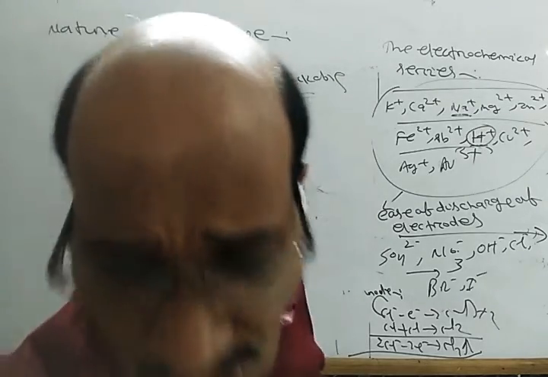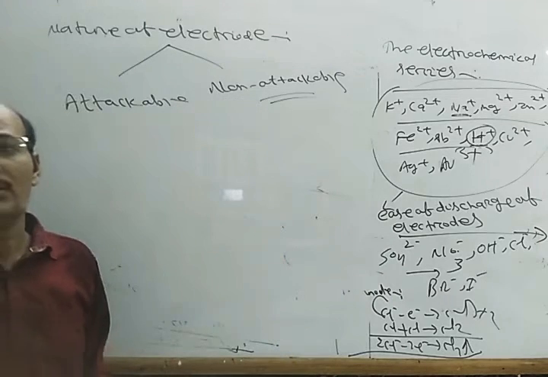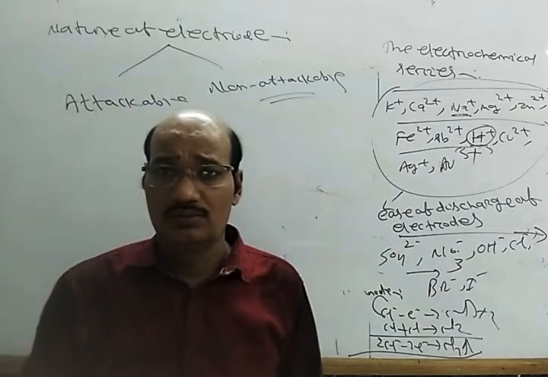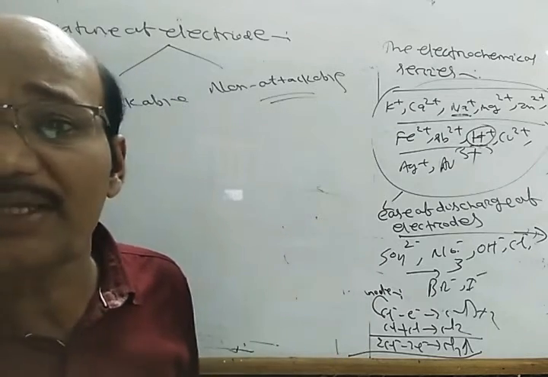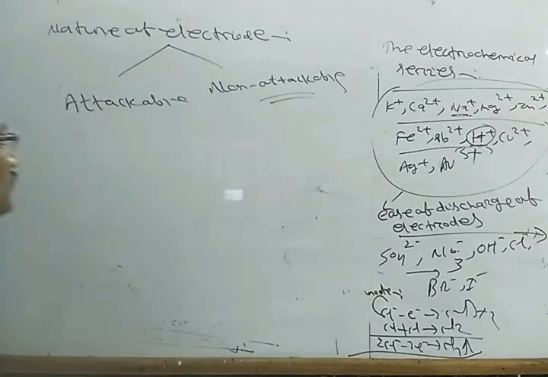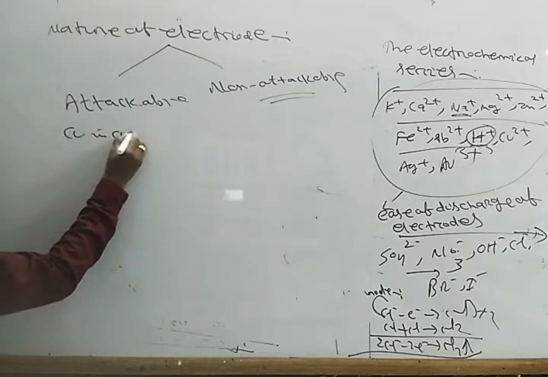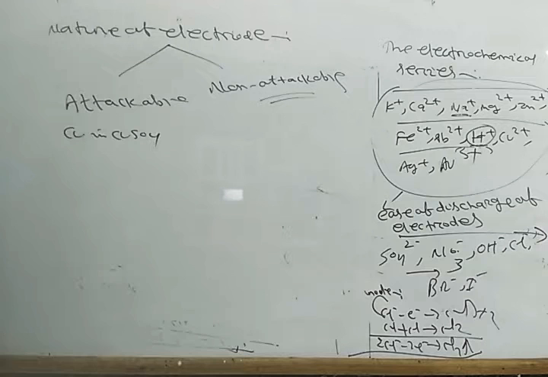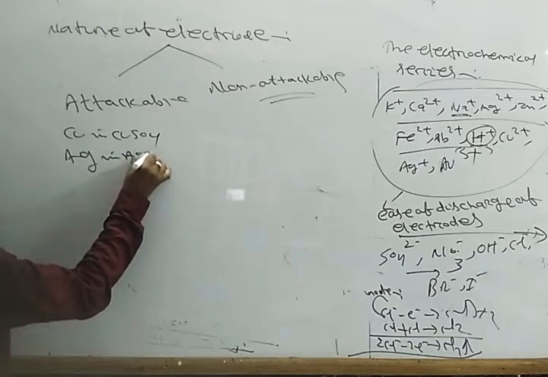Attackable electrodes are those where the electrode takes part in the chemical reaction, like copper in copper sulfate, like silver in silver nitrate.